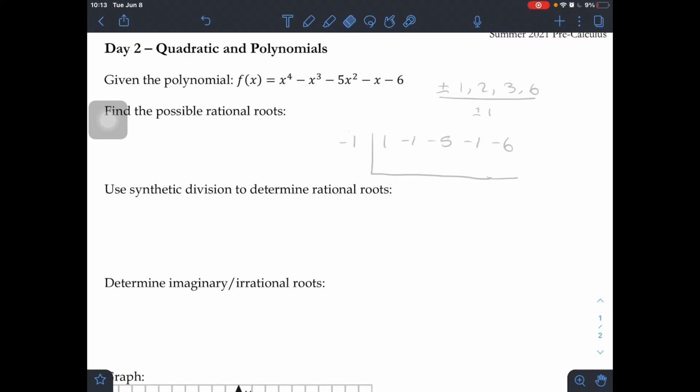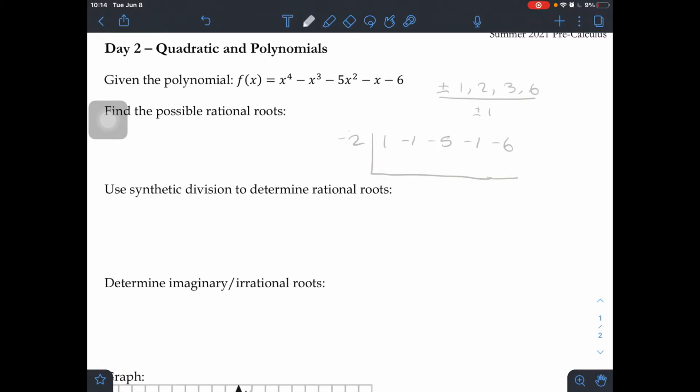Now let's try x minus 2. So 2, negative 1, 2, negative 3. Okay, this one does not work either, because we don't end up with a remainder of 0.